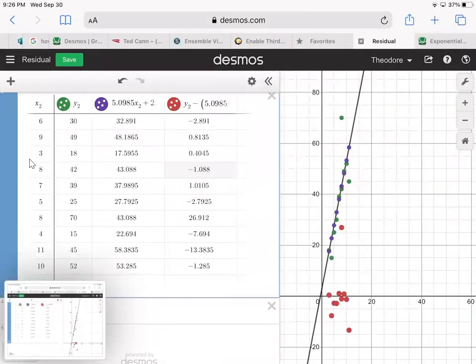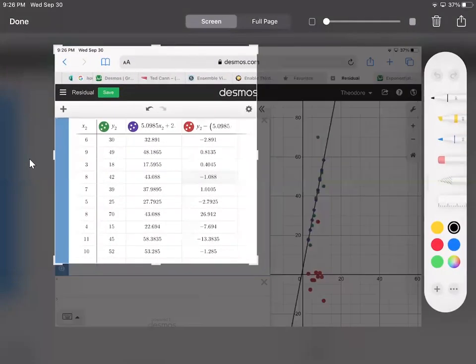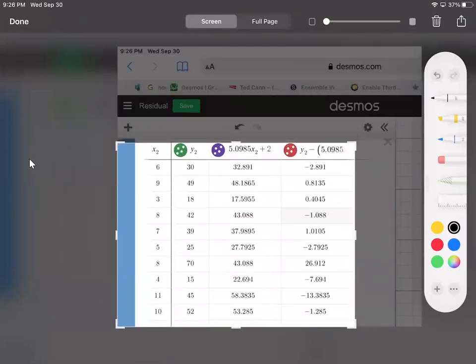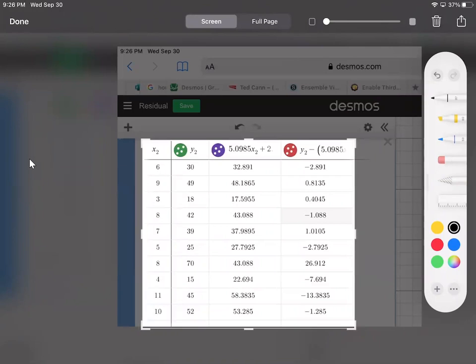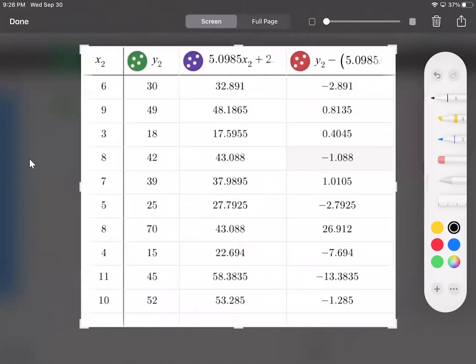As it turns out, fortunately, this could have been so much worse, because these values are still going to plot okay. They're going to plot to roughly the same location.